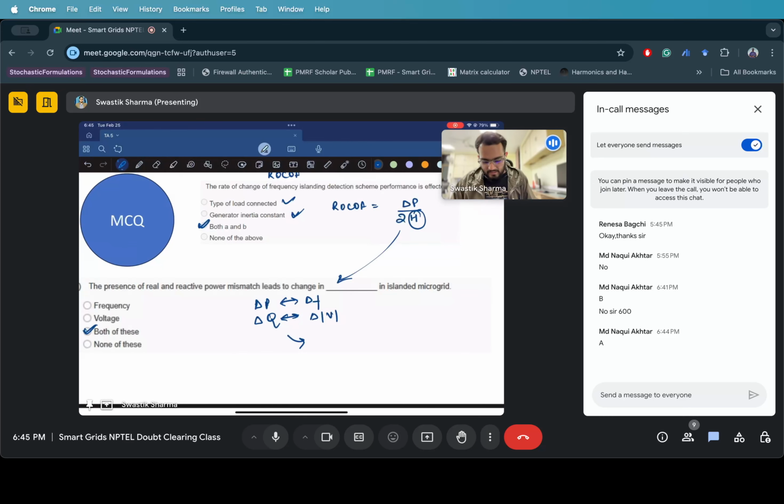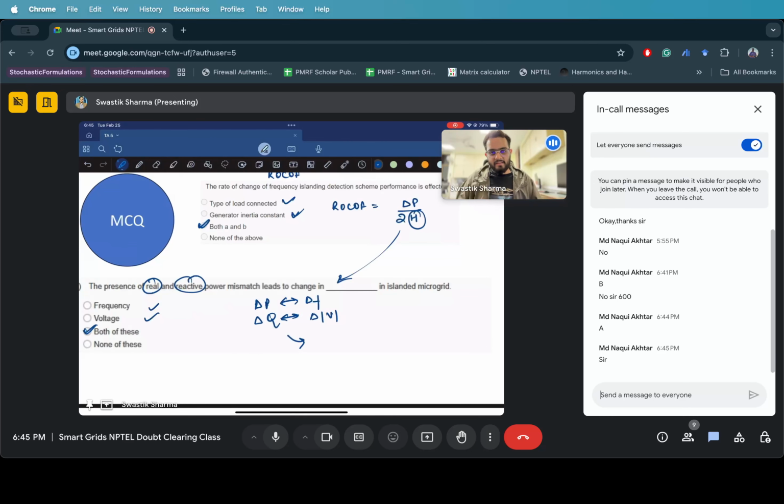So Naki, I think the answer would be both of these, no? There's both real and reactive power mismatch. This was a very easy question, I'm afraid why people are not responding. Yeah, Naki, go ahead. Are you writing something?